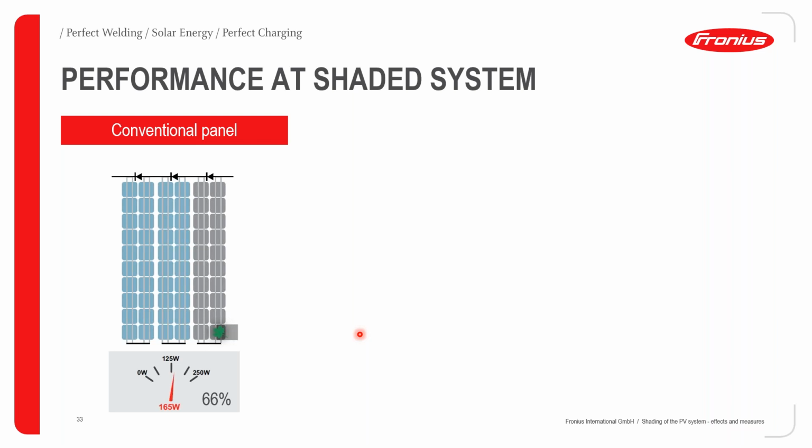So in a conventional panel, let's now try to compare what happens under shaded conditions. So if you have a system or a panel rated at 250 watts output, and one string is affected, just like described by my colleague Cyprian before, the output would be crippled to just about 66% of the output, which is about 165 watts.